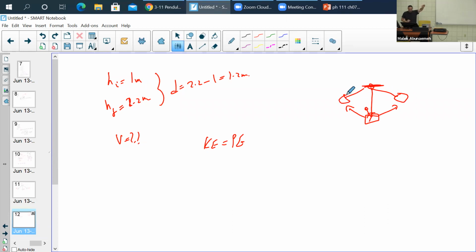So your kinetic energy is going to equal your potential energy, which again, mv squared over 2 is equal to mgh. Solving for the velocity, your masses cancel out, so it's going to equal the square root of 2 times g times h.